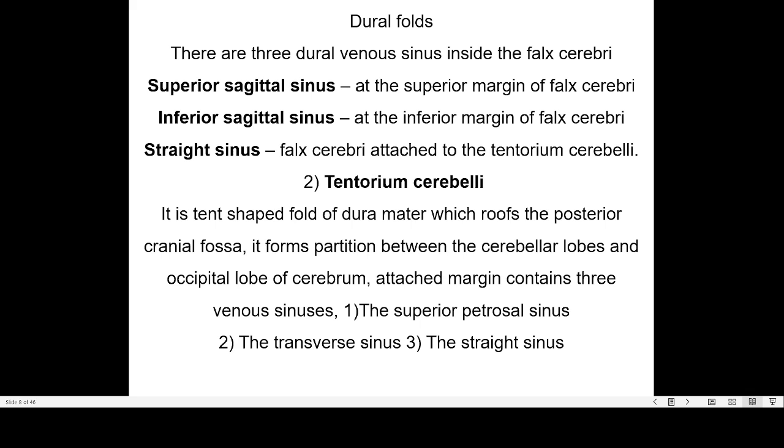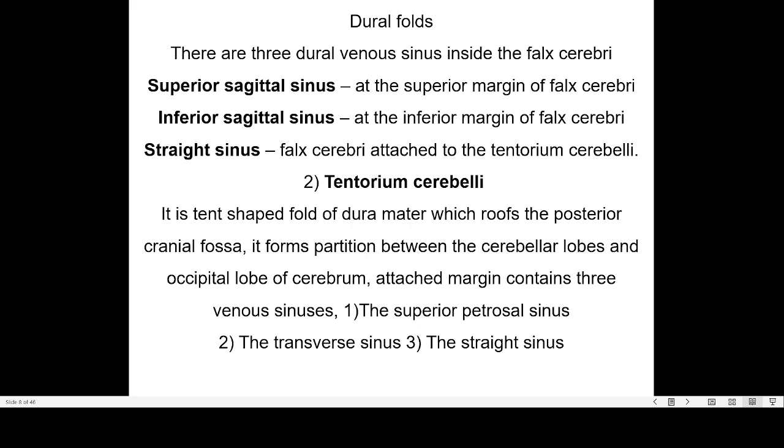In this fold there are venous sinuses. Inside the falx cerebri there are, number one, the superior sagittal sinus, then the inferior sagittal sinus, and the straight sinus.